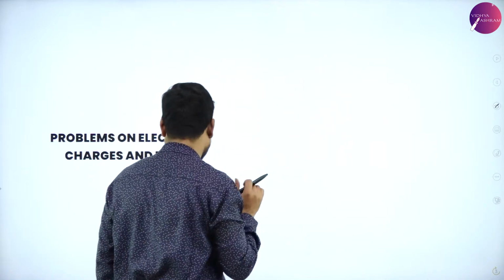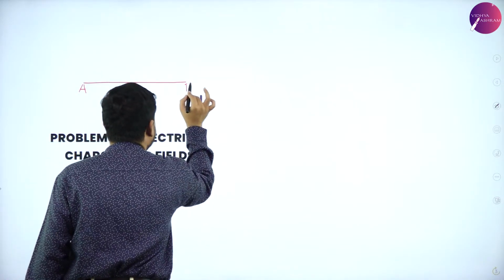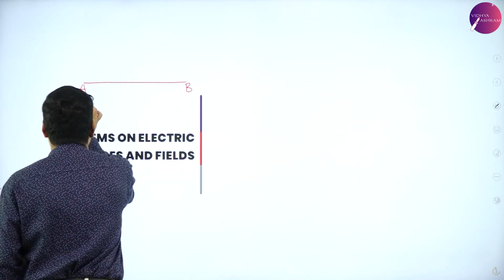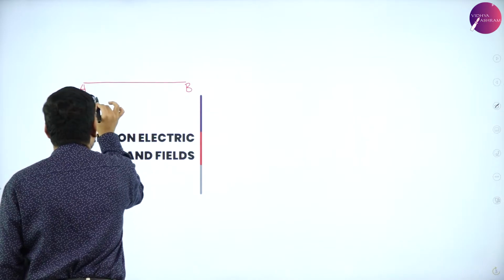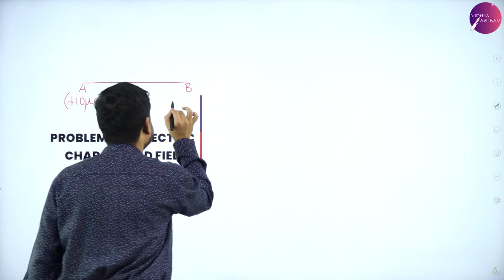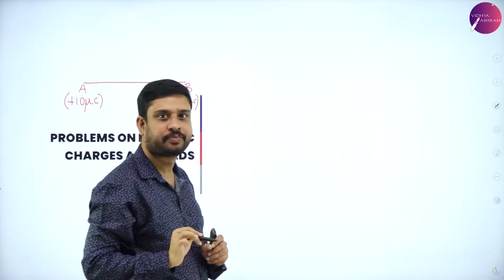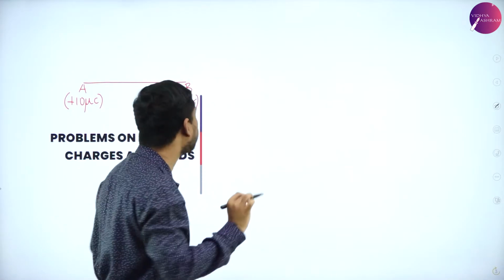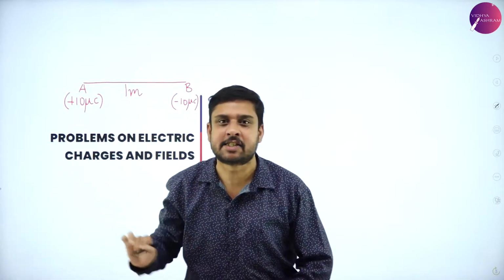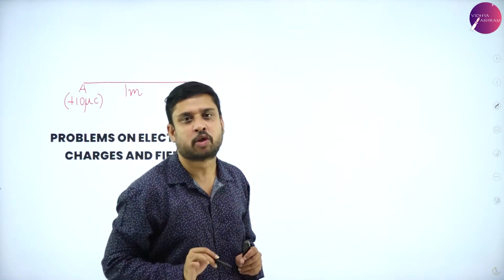So to construct the diagram, I consider 2 points, A and B. A positive charge of 10 microcoulomb is at 1 meter distance from a negative charge of minus 10 microcoulomb.